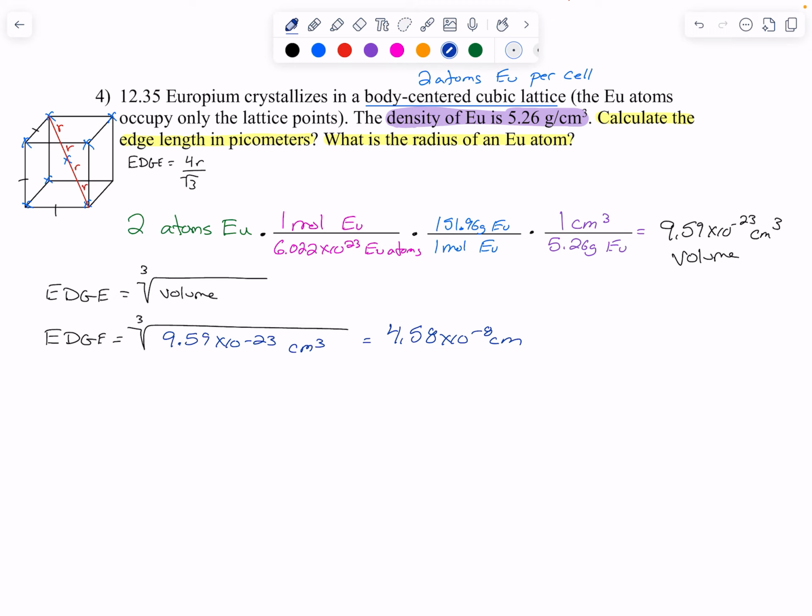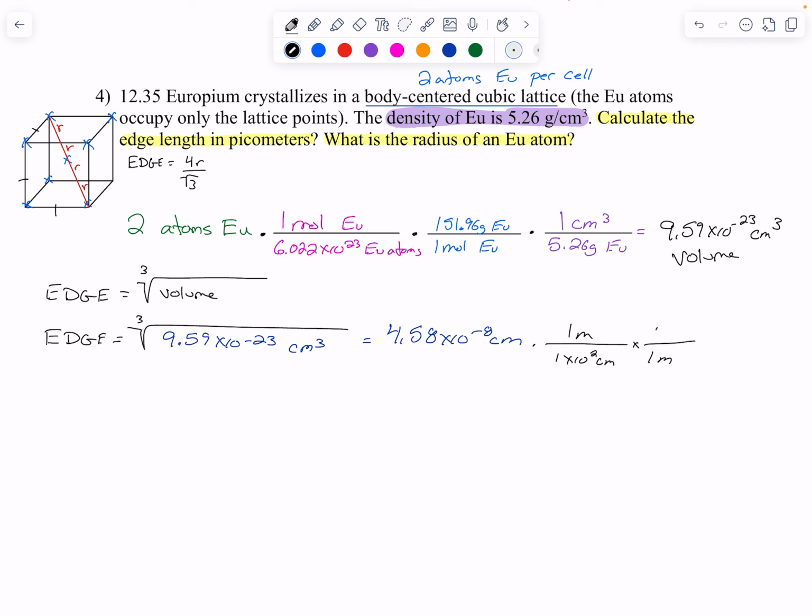All right. But we want picometers. So how do you convert it? Again, some of you guys are really good with the metric system and you can just do it. If that's you, great. If not, let's convert. We know that 1 times 10 to the 2nd centimeters is 1 meter.